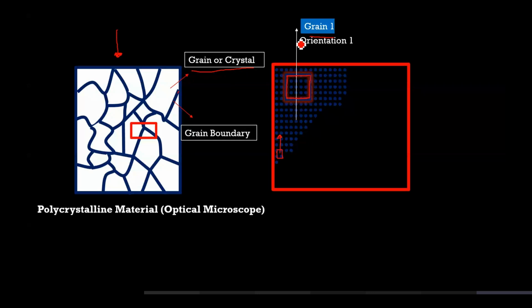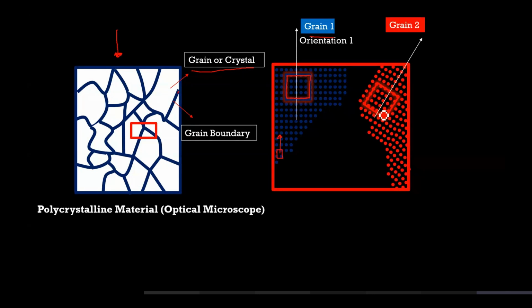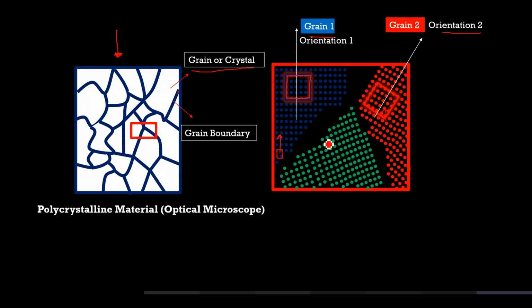Similarly, within the same liquid, there were certain atoms that started growing in this orientation. So they started growing as another orientation, which is known as orientation 2. Then there was another set of atoms that started growing in this orientation, which is orientation 3.